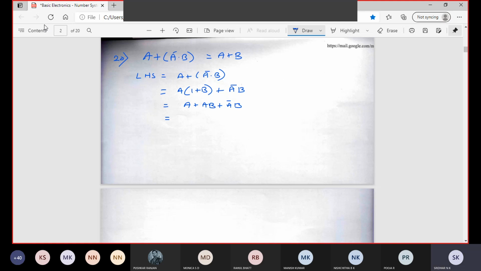Yes, sir. Now take B as common in this: A plus (A plus A bar) B. So A plus A bar is what? 1, sir. So into 1, which is nothing but A plus B. Understood?